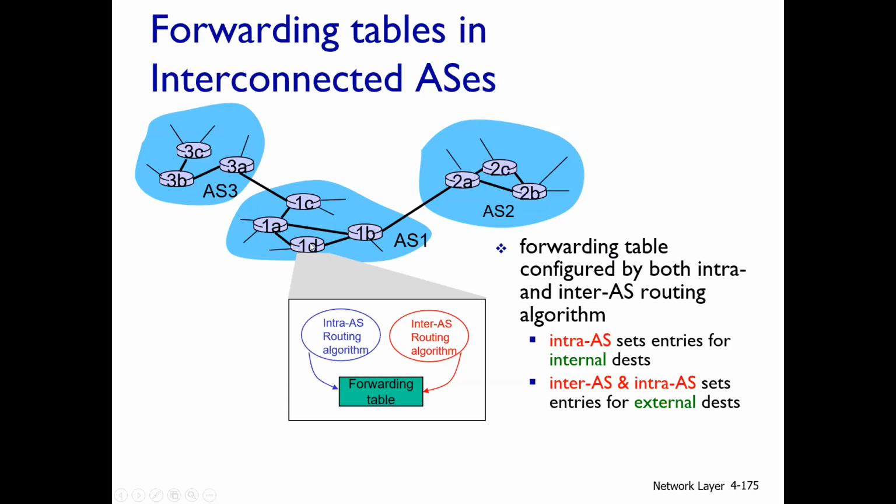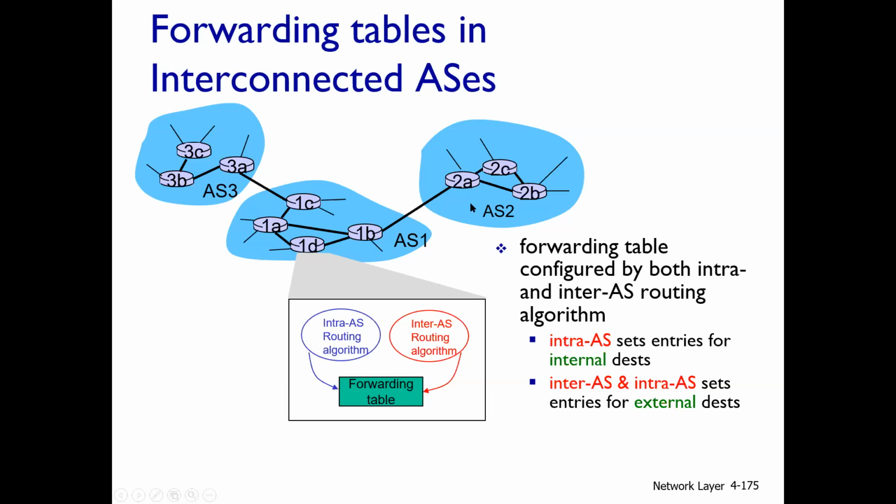Now, the forwarding table is configured by both the intra and inter-AS routing algorithms. If you have some router which is interior within an autonomous system, then it needs to know how to get to routers within the autonomous system, as well as to get to destinations outside its own autonomous system.